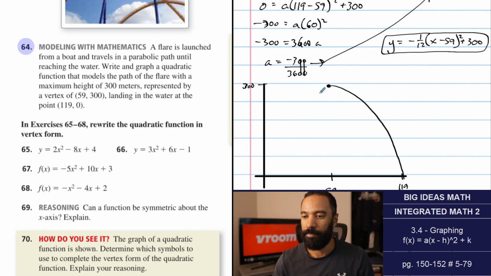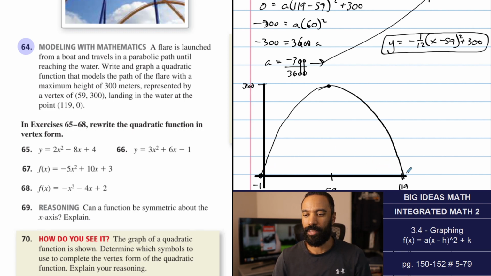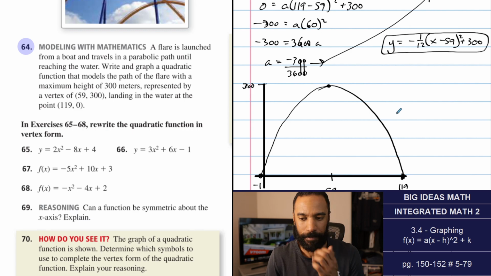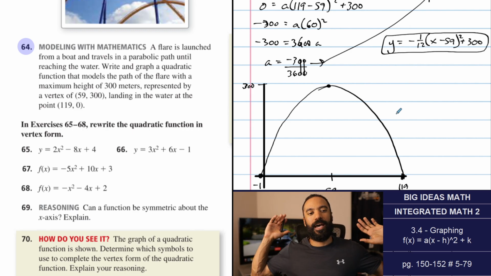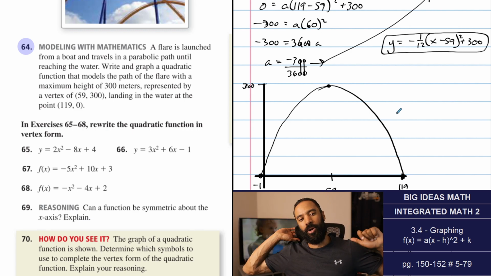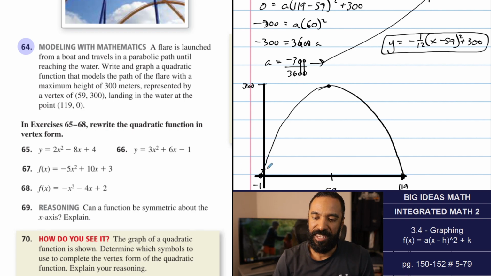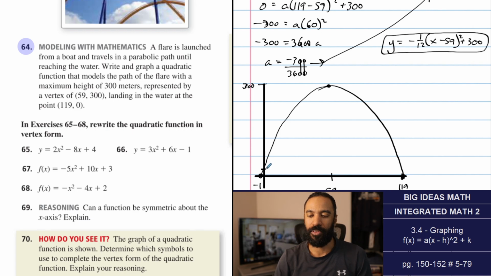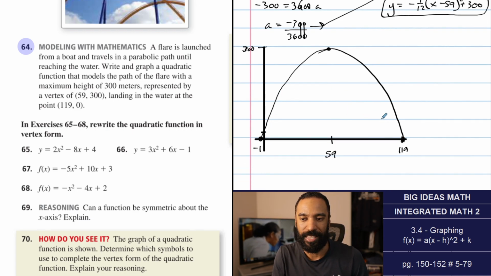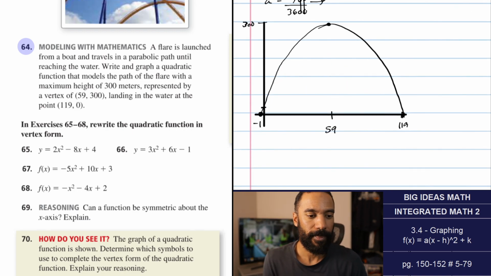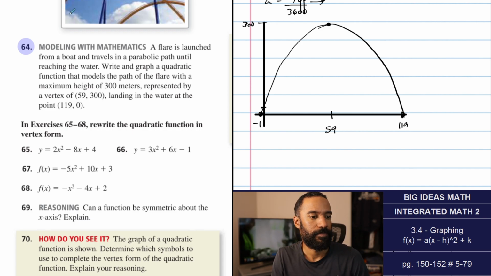That's when it hits the water. So on this side, because that's 60 away from 59, is negative 1 right there. And that's where that hits. A flare is launched from a boat, so it might be shooting off right here. Now, I don't know the actual value, but it might be a tick in the air when you're doing it. There's the graph.